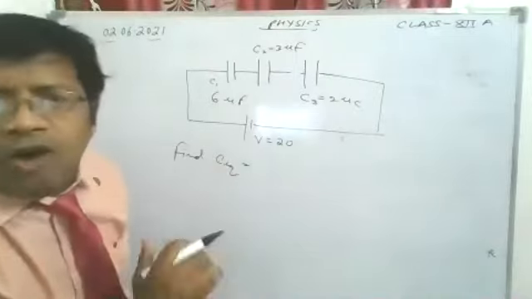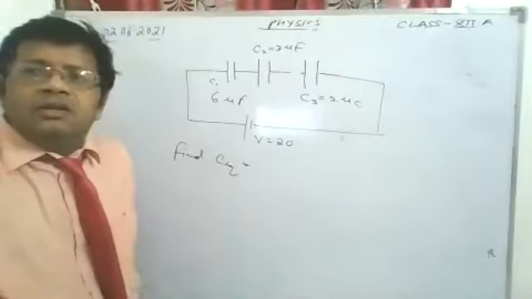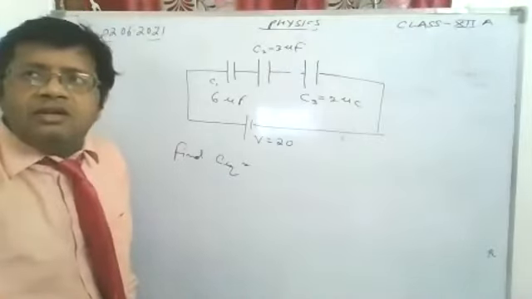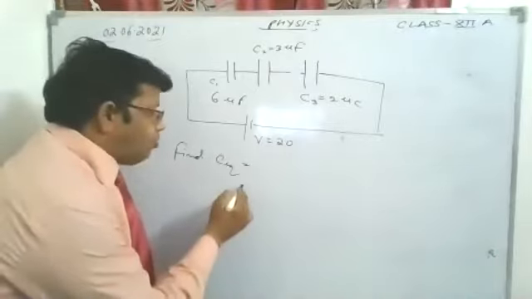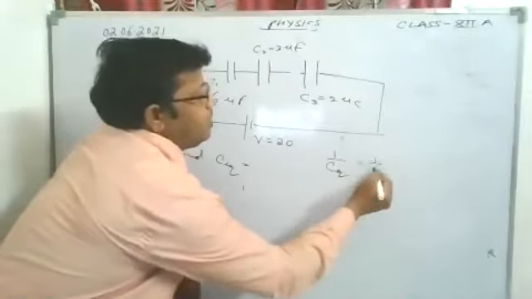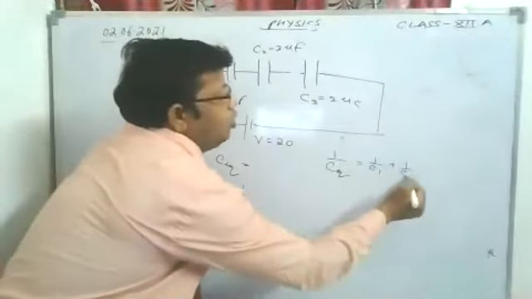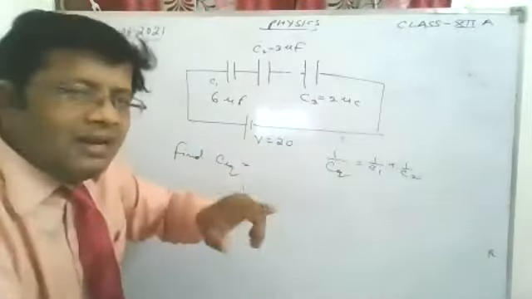Now, beta, tell me how we can solve. Since all are connected in series combination, what is the formula of C equivalent? 1 by C equivalent is equal to 1 by C1 plus 1 by C2 plus 1 by C3. You see, in the previous case we derived this formula for parallel.